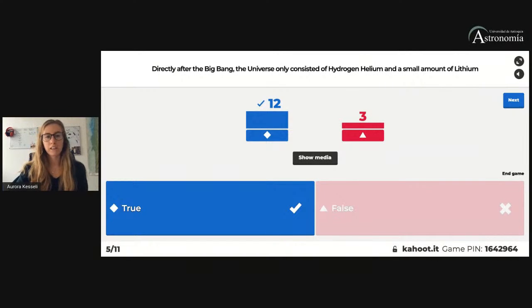Yep, so directly after the Big Bang, it was just hydrogen, helium, and a very little amount of lithium. And it wasn't until we got stars creating the heavier elements that the universe started to have, and galaxies started to have, different metals.